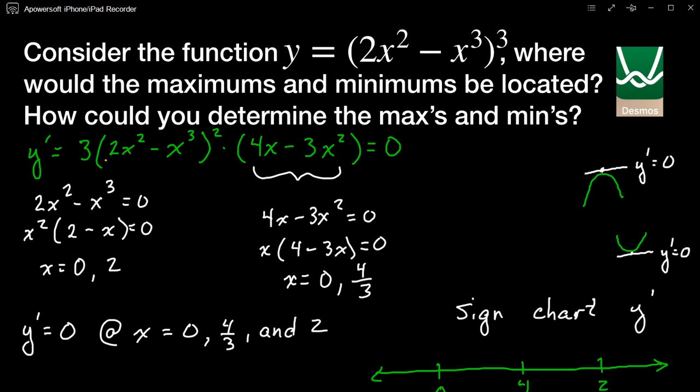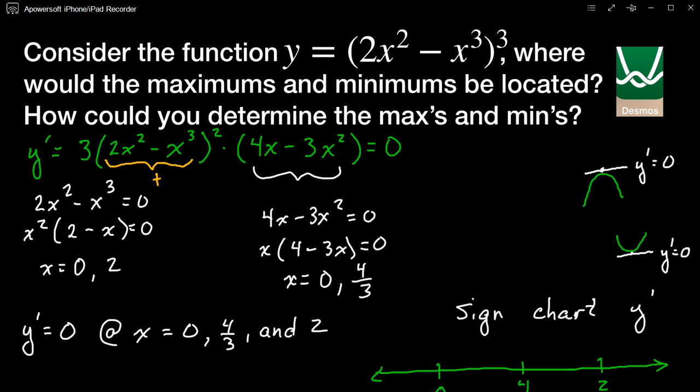Because we're squaring it, this part is always going to be positive, so no matter what we put in for x, other than 0 and 2, our answer is going to be positive.